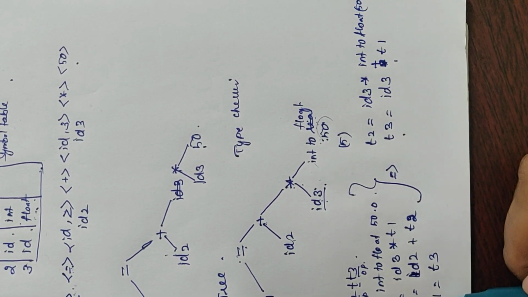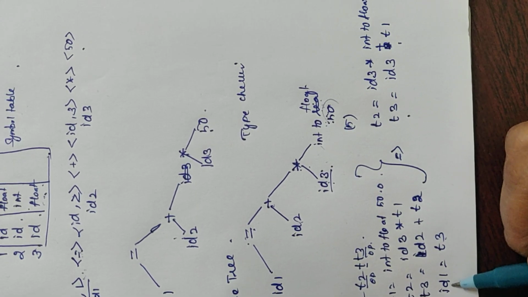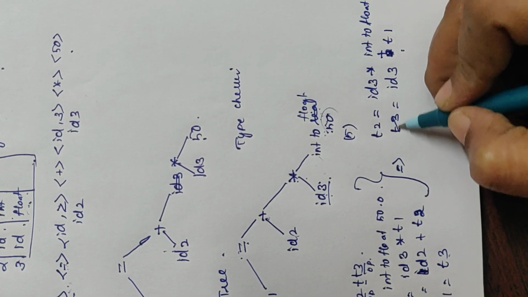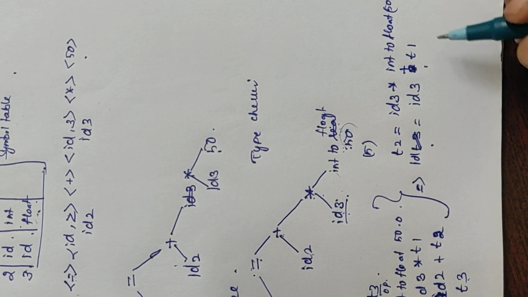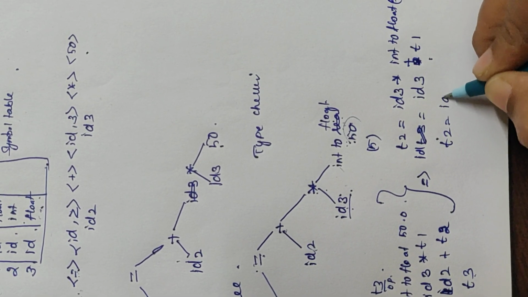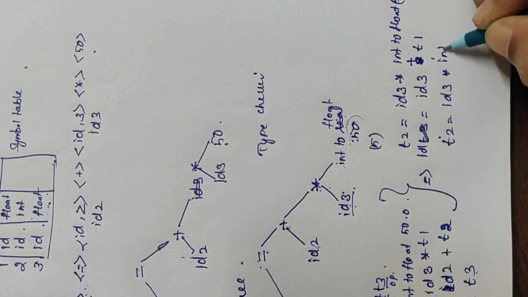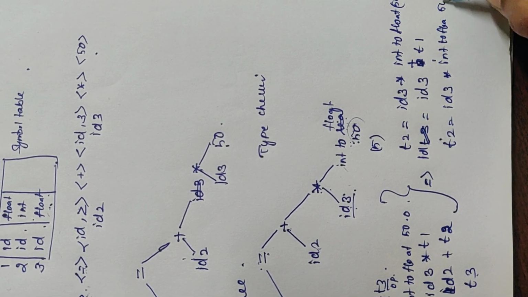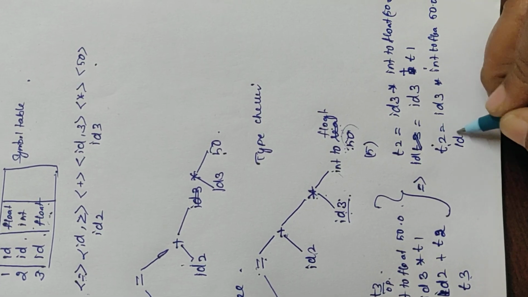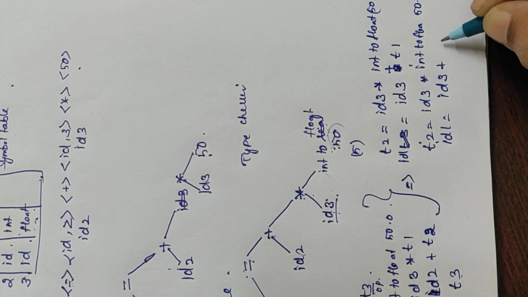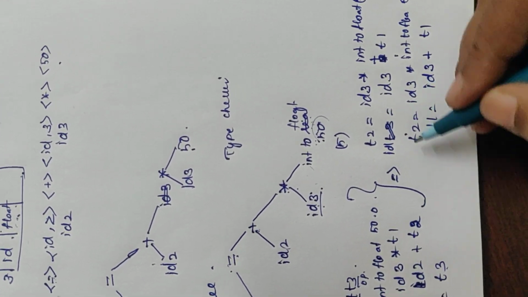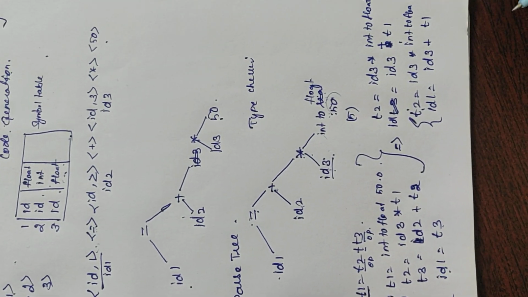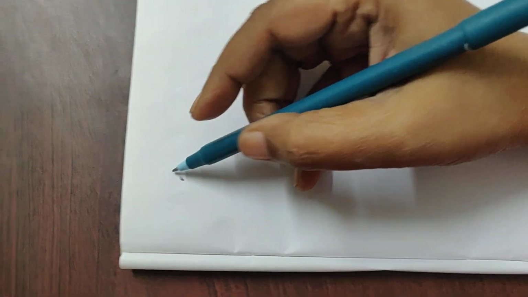This T3 we have only assigned to id1 again, so instead of using this, let me straight away assign to id1. So now T1 is equal to int to float of 50 and id1 equal to id3 star T1 plus id2. See here, we have reduced 4 lines of code into 2 lines of code. Okay, and next we will see about code generation.